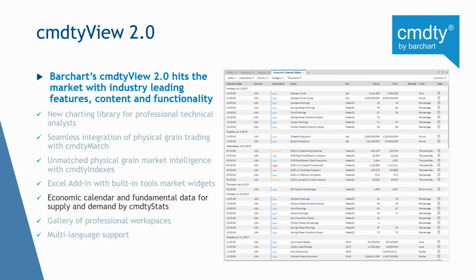When that report comes out, it shows you the actual value and the prior value, and if there's been a revision to a previous report, it will show you that as well. You can sort that by the different types of reports. If you only want to see agricultural fundamentals, you can filter it down to just that, or you can see high priority or medium priority reports and ignore the low priority.